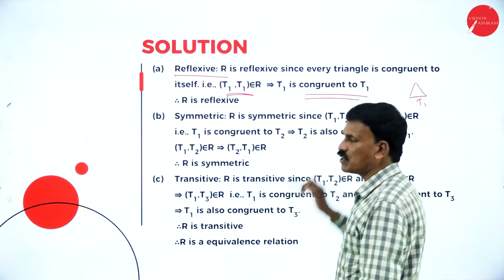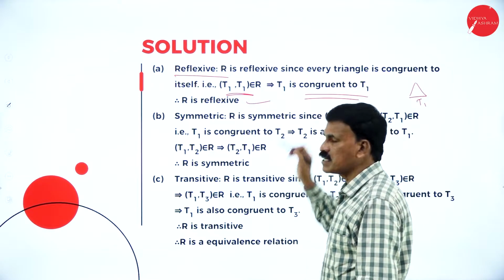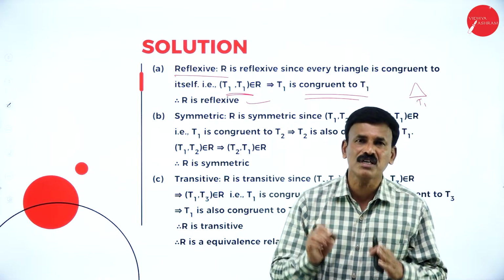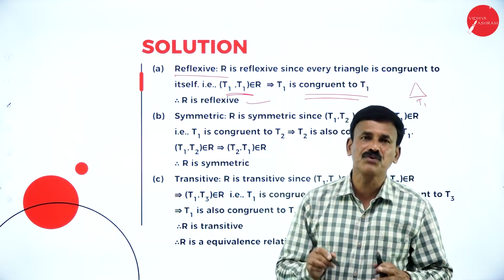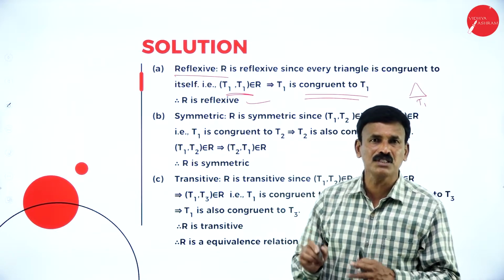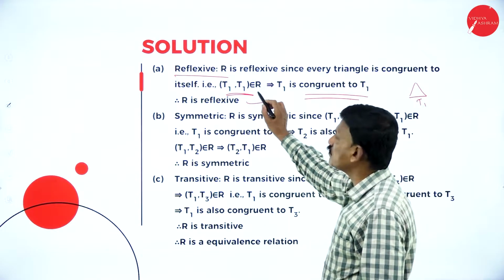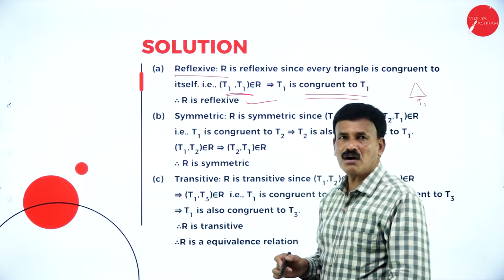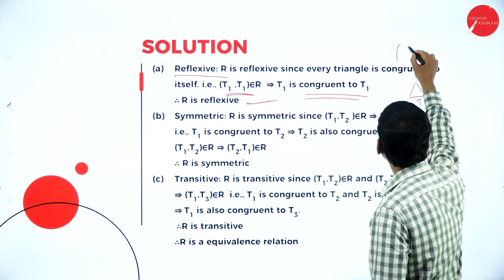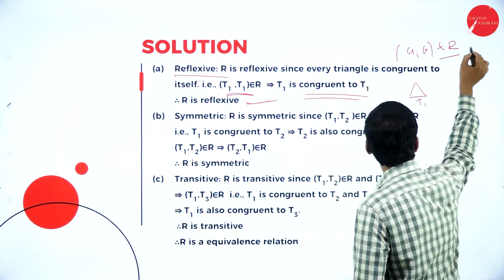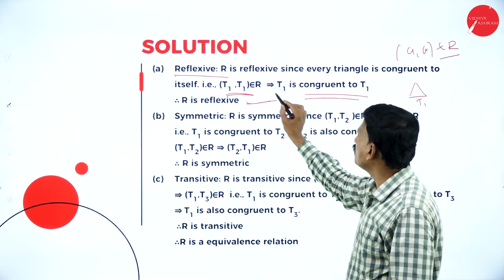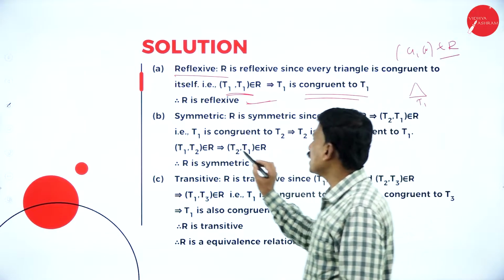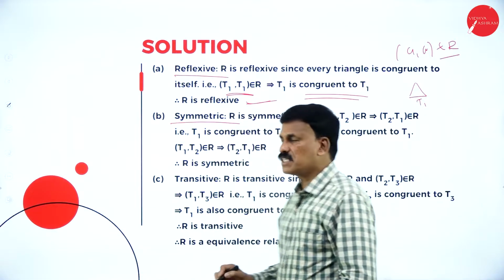Therefore, (T1, T1) belongs to R, which means T1 is congruent to T1. Therefore, R is reflexive, because the property (a, a) belongs to R is satisfied.